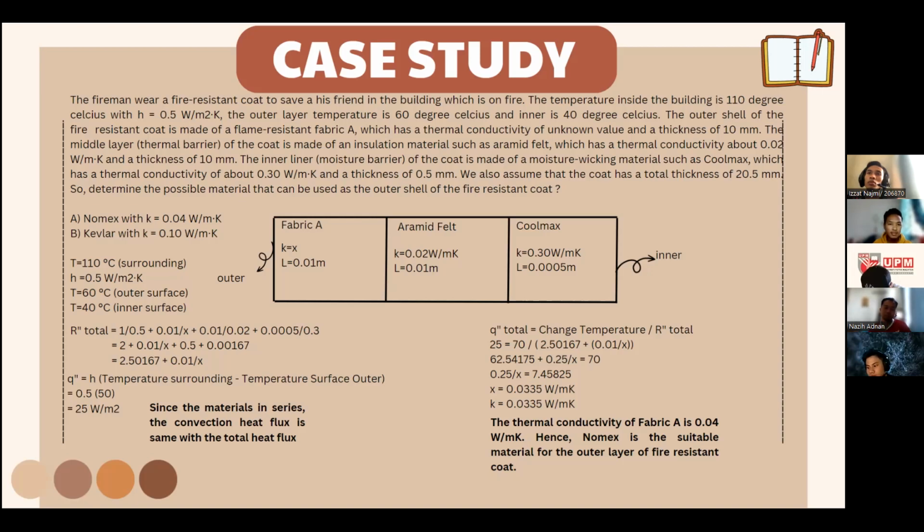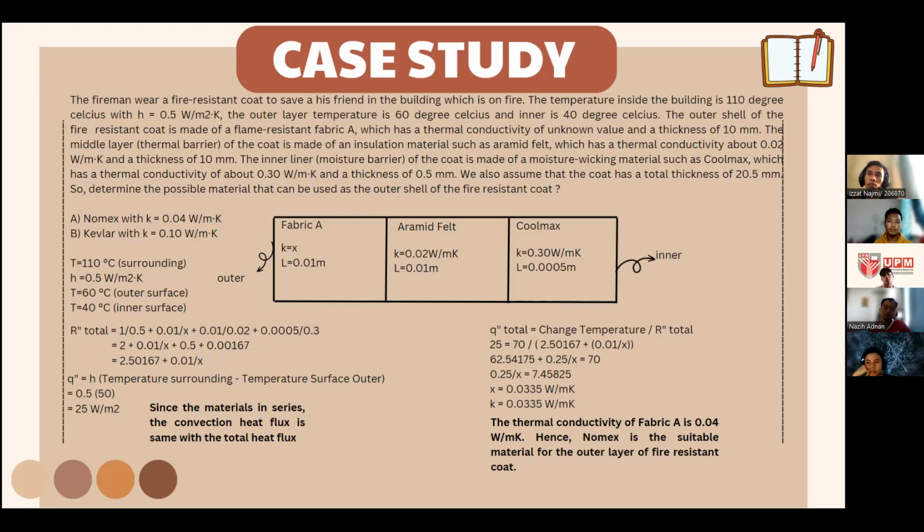The inner liner of the coat is made of a moisture-wicking material such as Coolmax, which has a thermal conductivity of about 0.3 W/mK and a thickness of 0.5 mm. We also assume that the coat has a total thickness of 20.5 mm.